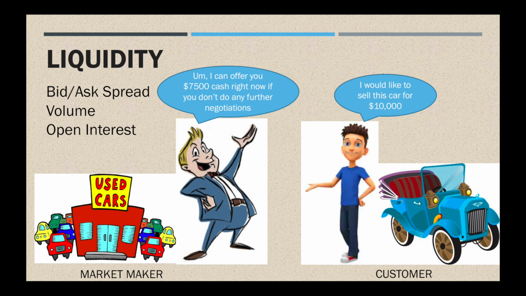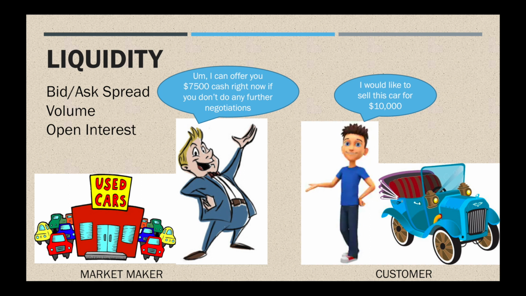So what he needs to do is he needs to make a sensible decision where he gets the car from you, he takes on the risk of the car sitting in his dealership, but he gets paid for taking on that risk. So that is where the concept of bid and ask spread comes in.